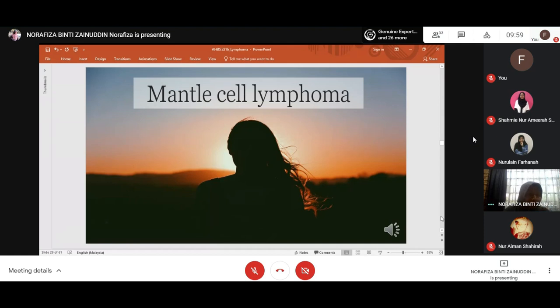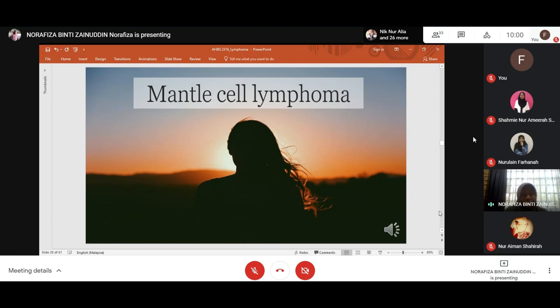Okay. We move on to mantle cell lymphoma. So these are the clinical features. This is actually an aggressive form of NHL originating in the mantle zone. It usually occurs in 6% of NHL cases and is diagnosed at a later stage of disease.